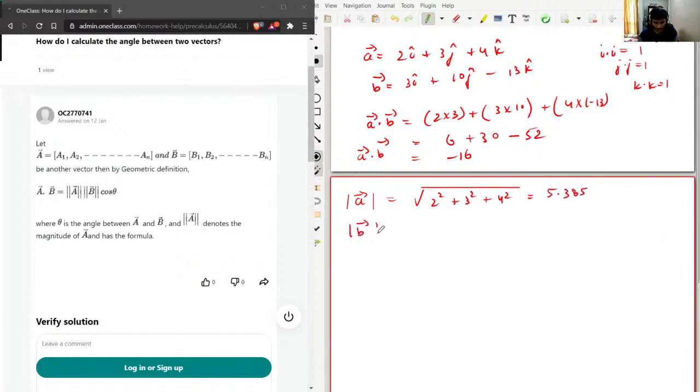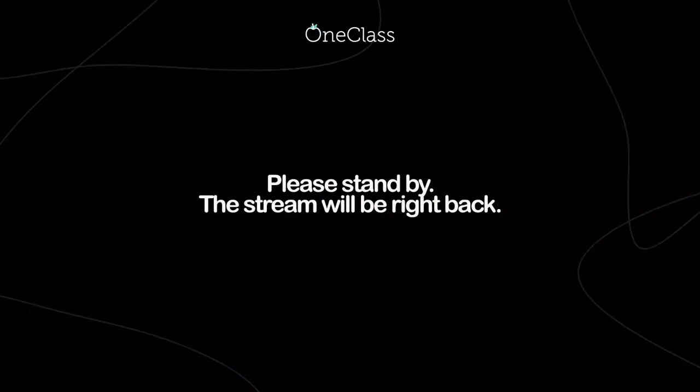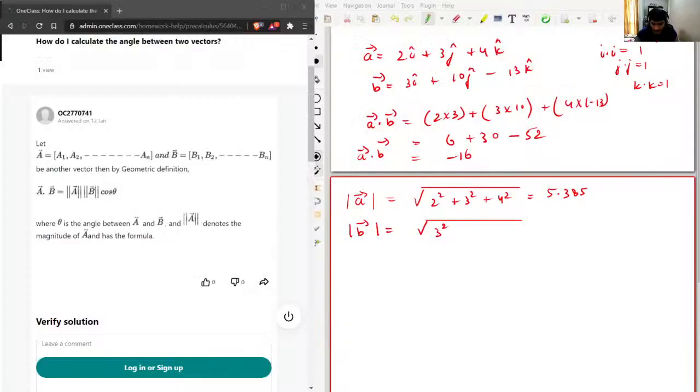And then we have the second one, which is b, and that will be 3 square plus 10 square plus 13 square, since minus 13 square will be positive only, doesn't matter.